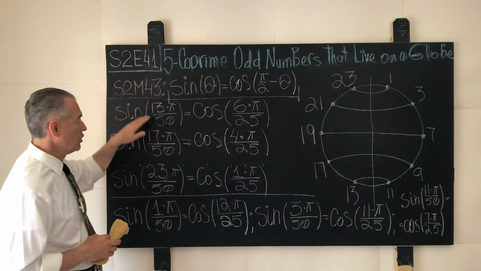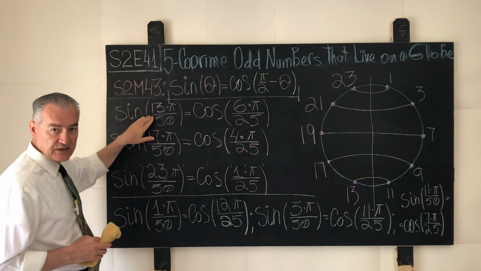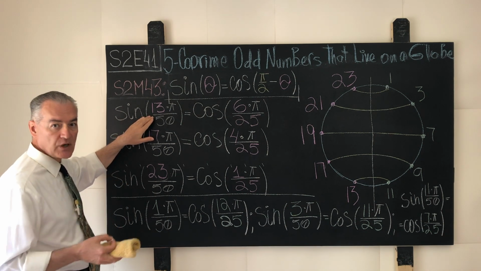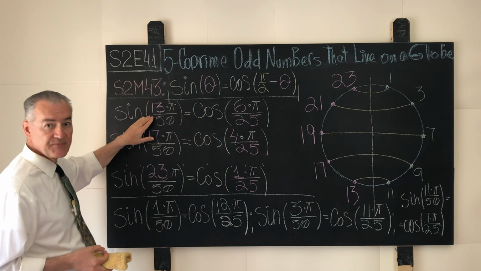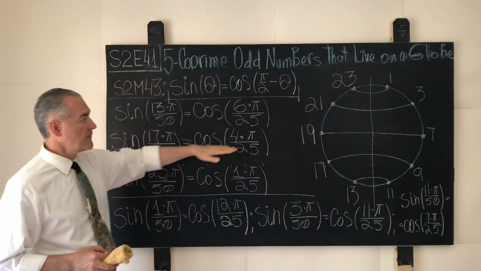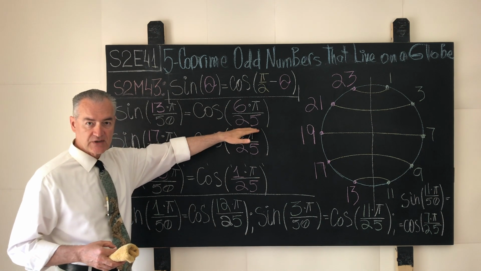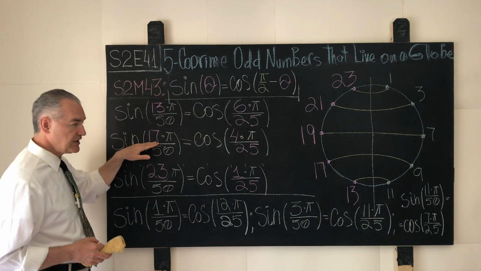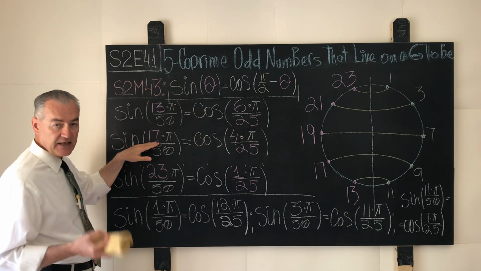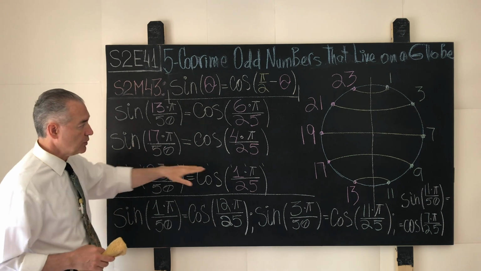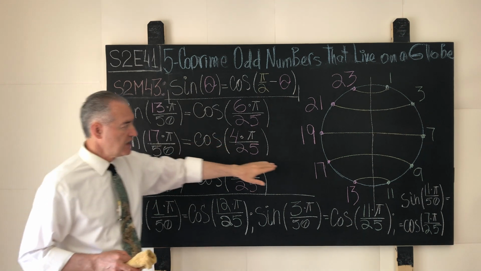In other words, the distance from the number 13 to the number 25 is 12. 12 over 50 is 6 over 25. Boom, 6 over 25. The distance from 17 to 25 is 8. 8 over 50 is 4 over 25. 4 over 25. And so on.